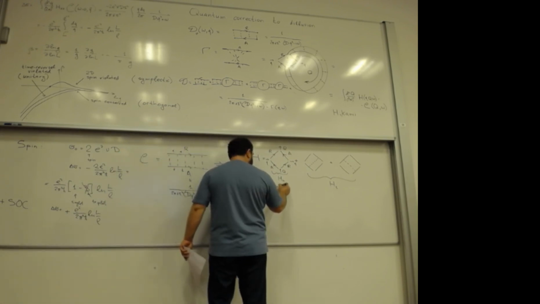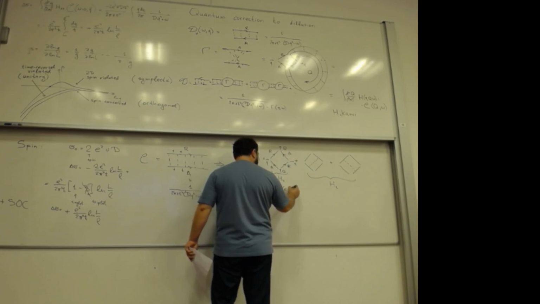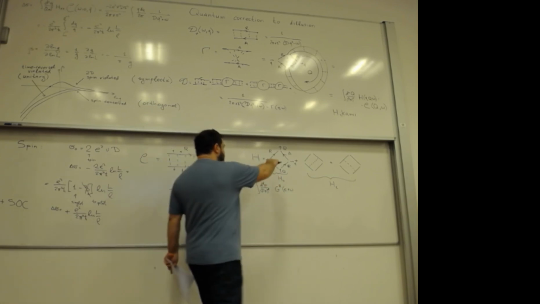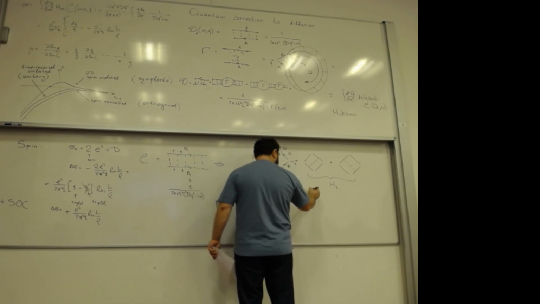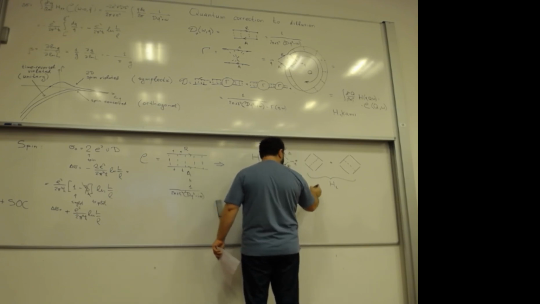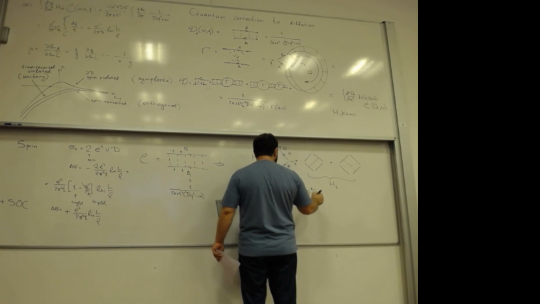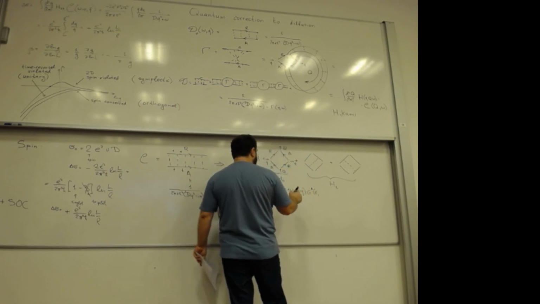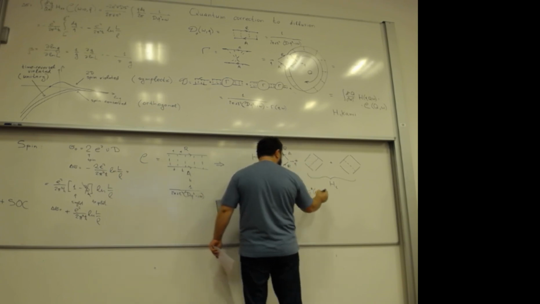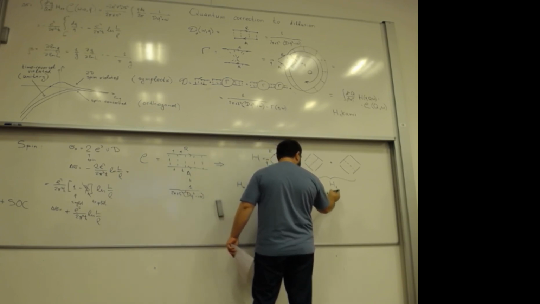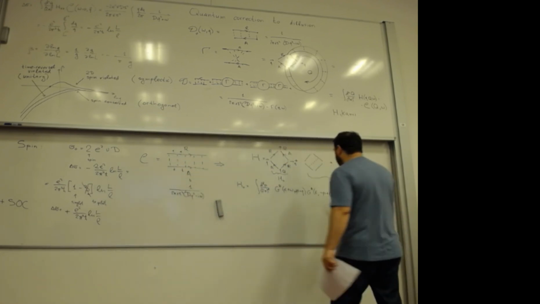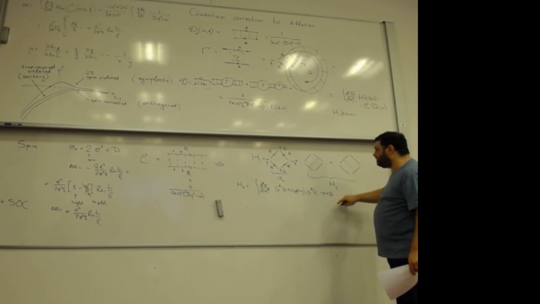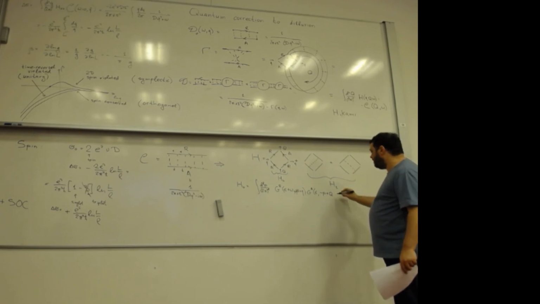The retarded function G^R of epsilon plus omega, p plus q. Then the advanced function of epsilon, and minus p plus capital Q. Actually, no, this is minus p plus capital Q and minus q.